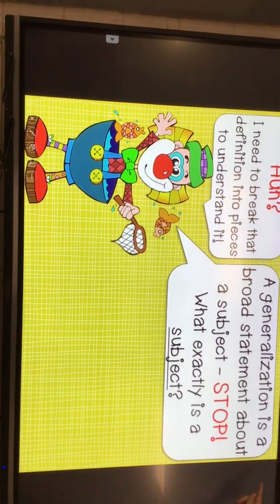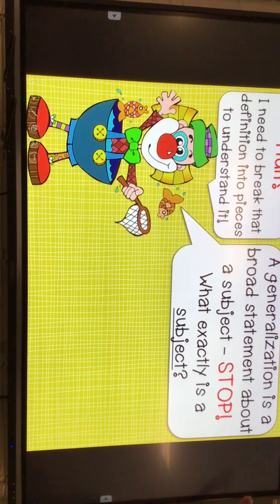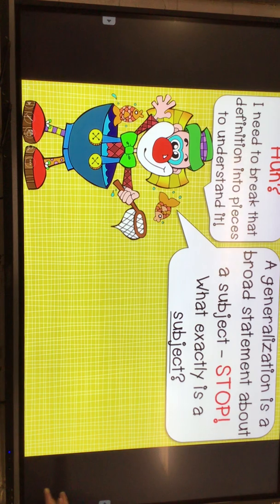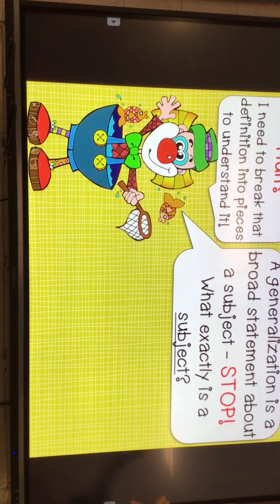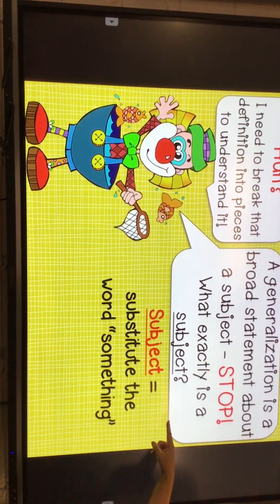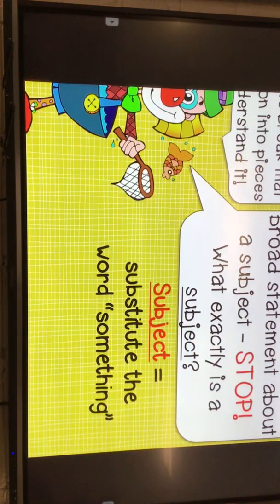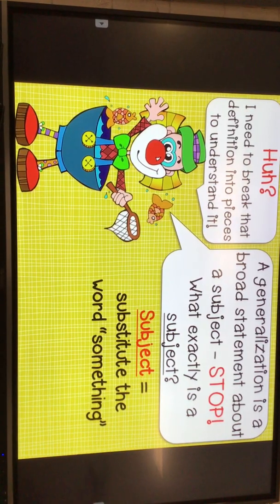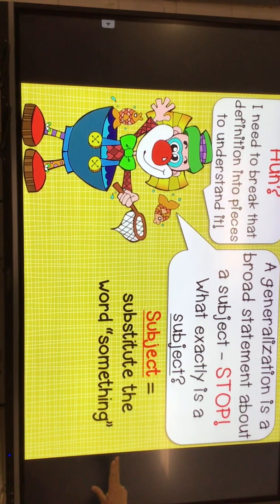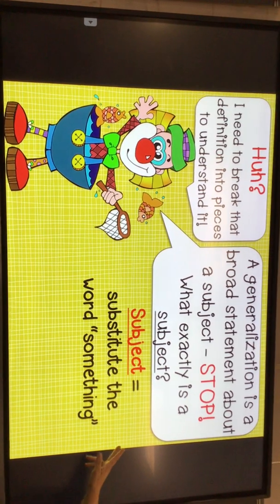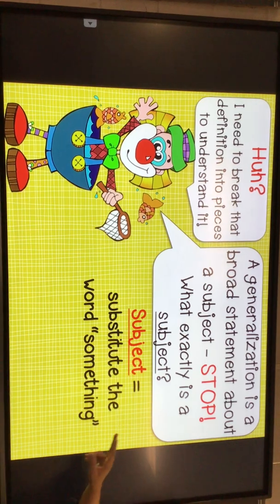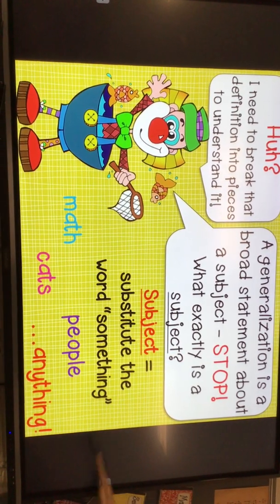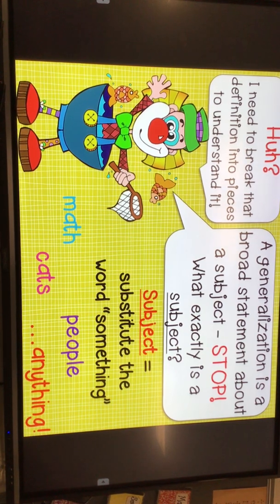So, a generalization is a broad statement about a subject. What exactly is a subject? Substitute the word something: math, people, cats, anything.